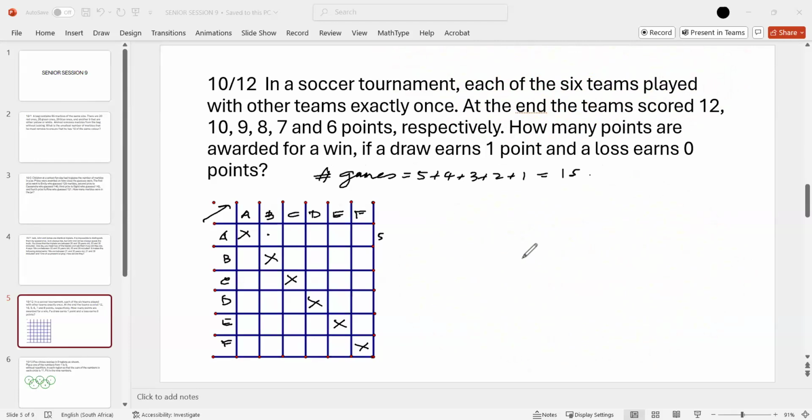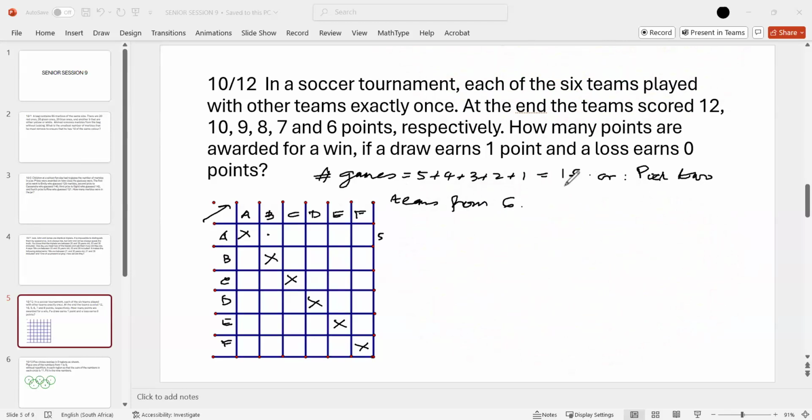The other way of doing it is to count the number of games, or pick 2 teams from 6. What do I mean by that?